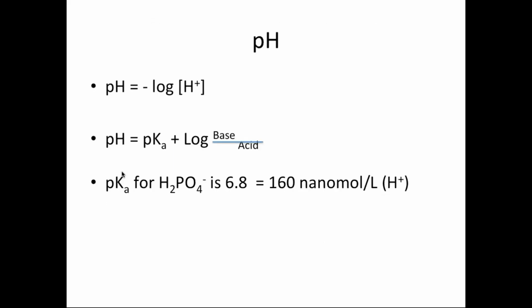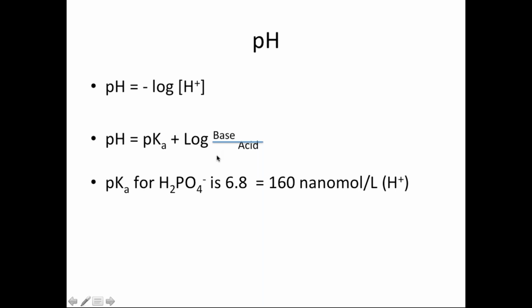A little bit more: the pH is the negative log of the hydrogen ion concentration. And if you're looking for the pH with a specific base and acid combination, then it will be the pKa, which is the negative log of the constant for the reaction, plus the log of the base and acid concentration in the solution.